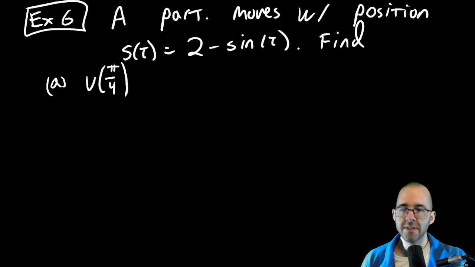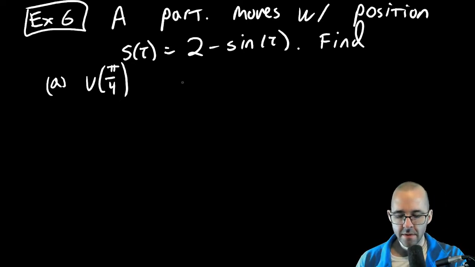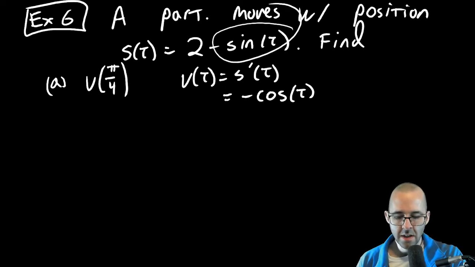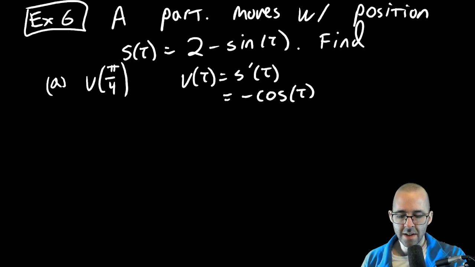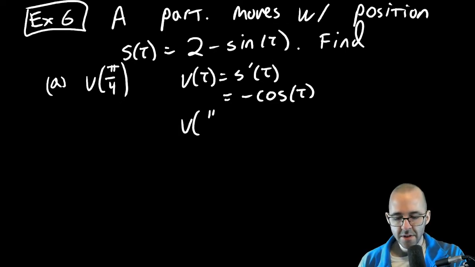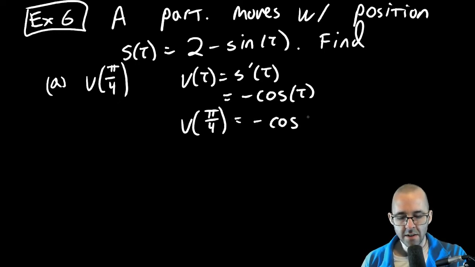Again, velocity is just the derivative of position. The velocity is just s prime of t, just negative cosine of t, right? Derivative of 2, that's a constant, it's 0. Derivative of sine is cosine, and it's being subtracted. So specifically, the velocity after pi over 4 units of time is just negative cosine of pi over 4.